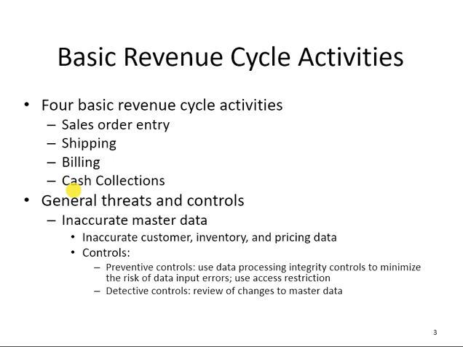Or errors in inventory data can result in failure to timely fulfill customer orders due to unanticipated shortages. For example, your database shows that you have inventory available, but in fact, it is not available.